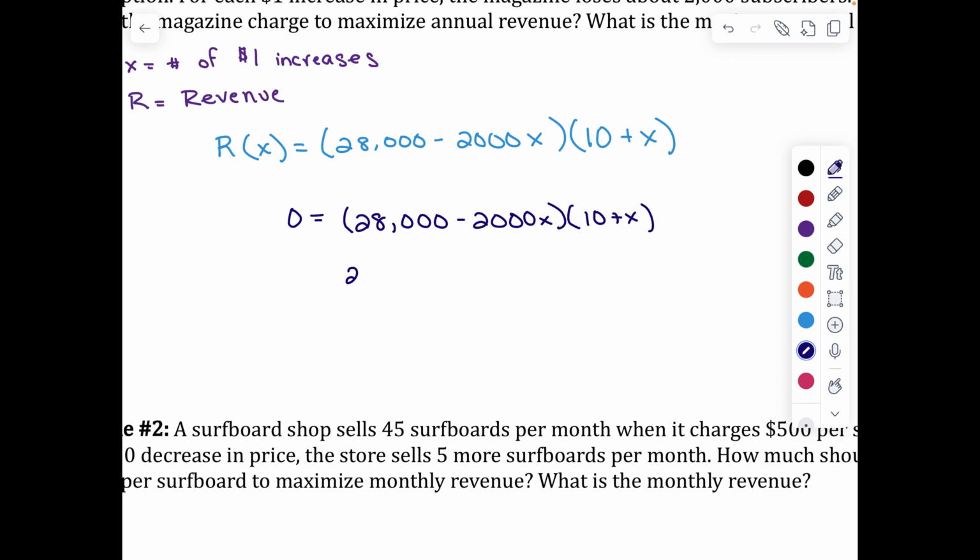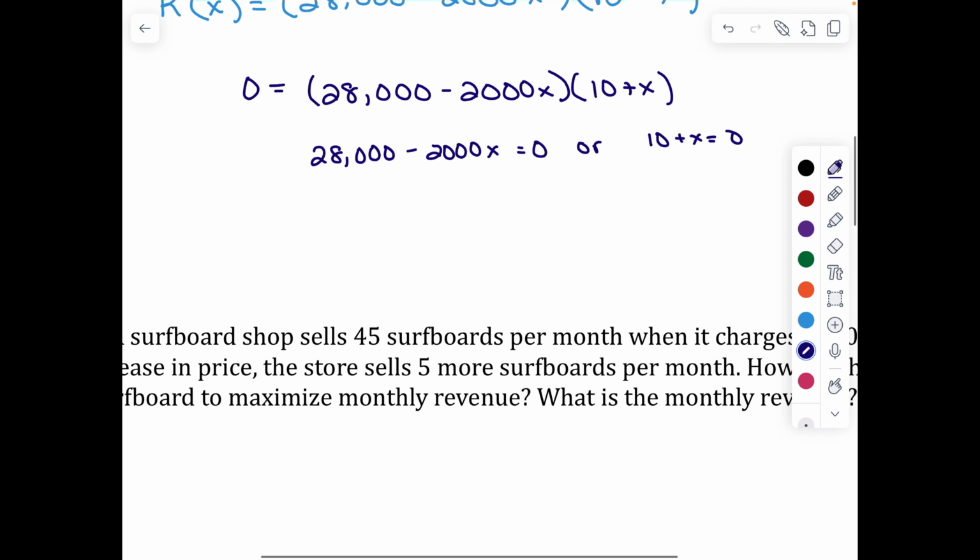So 28,000 minus 2,000x equals 0, or 10 plus x equals 0. Over here we have 28,000 equals 2,000x, so x equals 14, or over here x would equal negative 10.